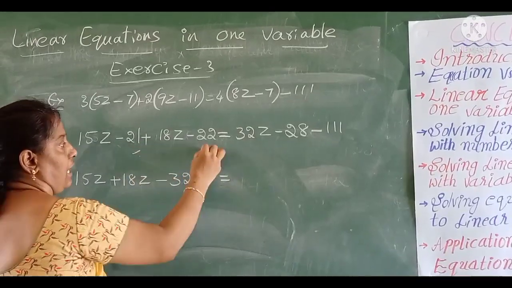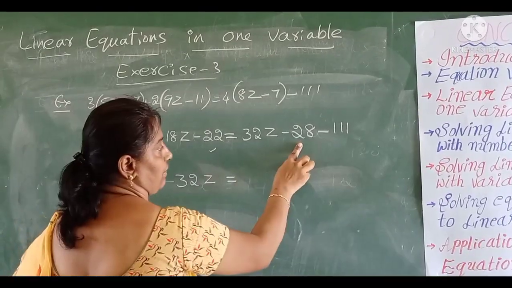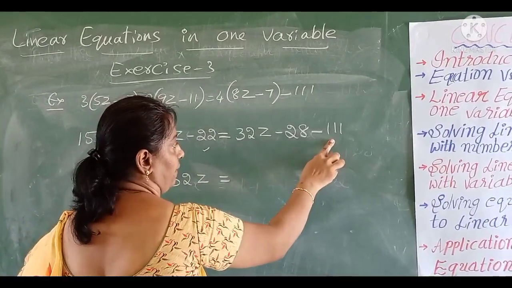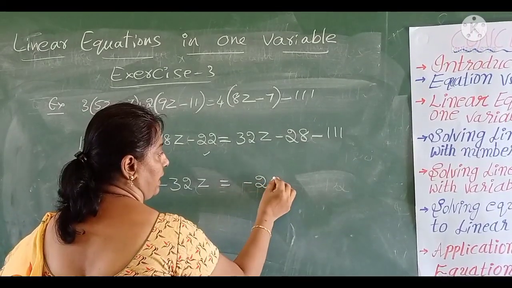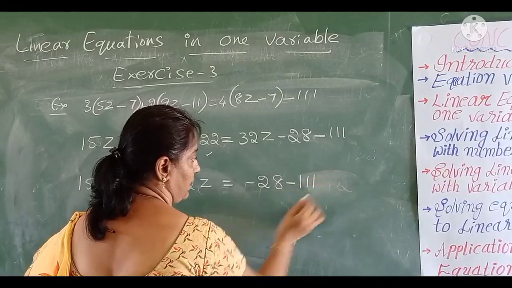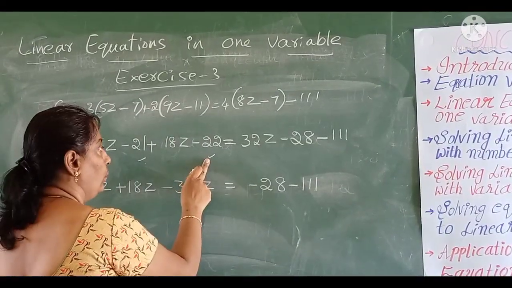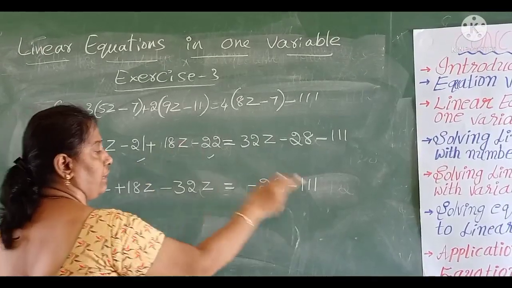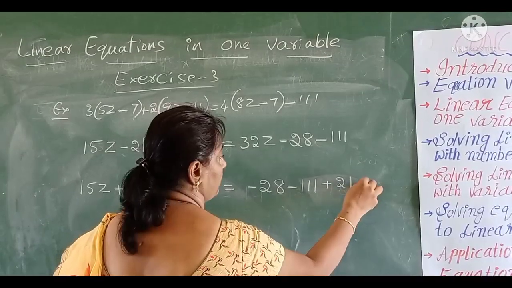Minus 21 and minus 22 and minus 28 and minus 111. Keep on the right hand side minus 28 which is there already, minus 111 is there already. Minus 21 and minus 22 are on the left hand side. Moving to the right side, it will become positive 21 and positive 22.